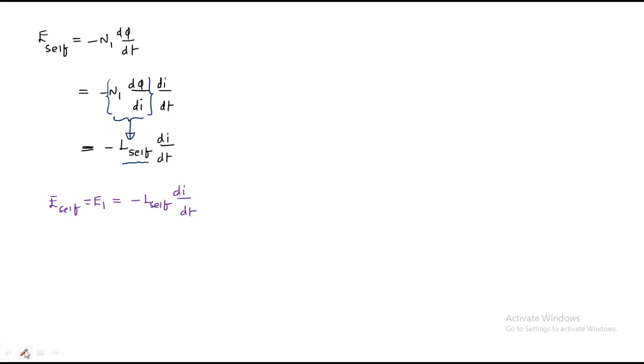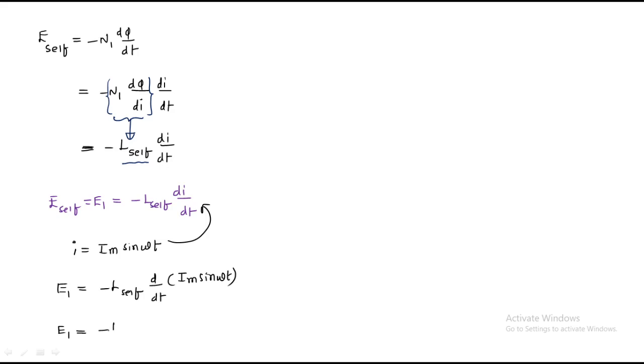We know that I is equal to what? Time varying nature of current, so which is equal to Im sin omega t. Then substitute this. E1 should be equal to minus L self d by dt of Im sin omega t. So obviously from this we are going to get minus or plus L self Im omega sin (omega t minus 90).